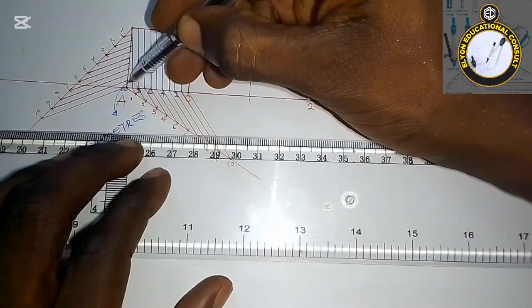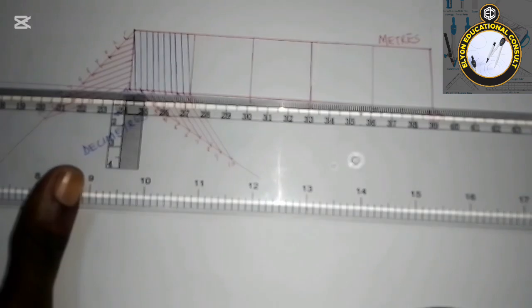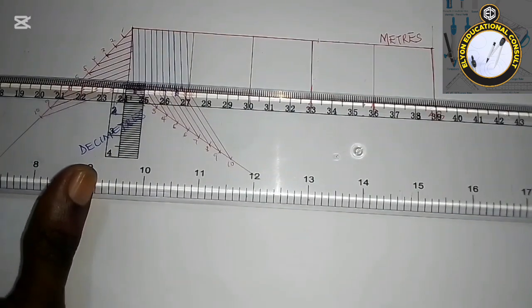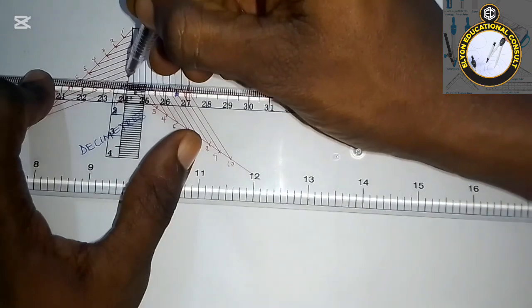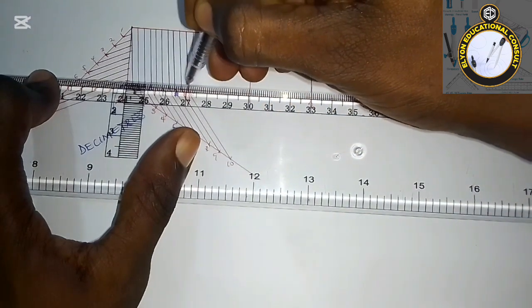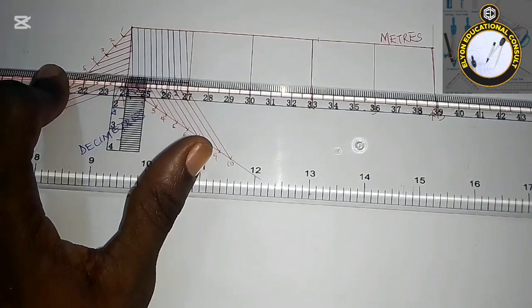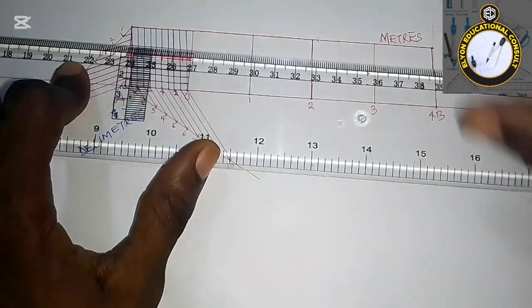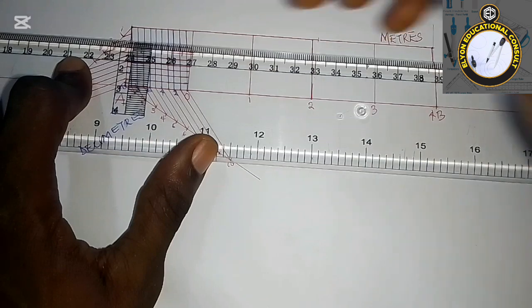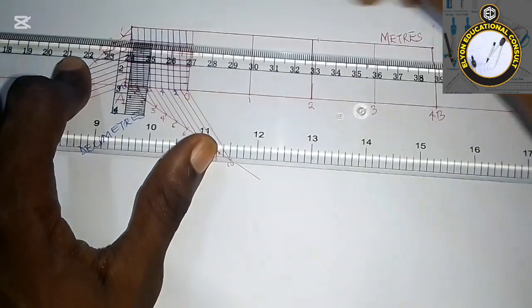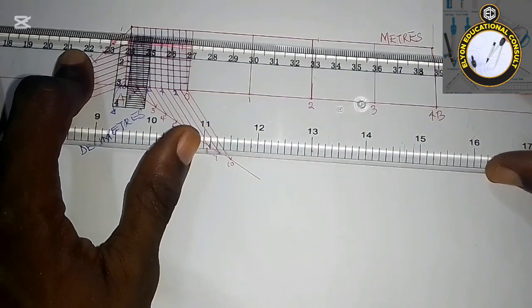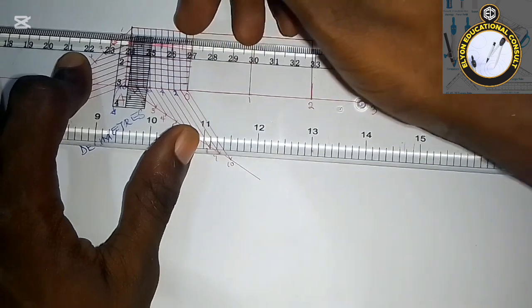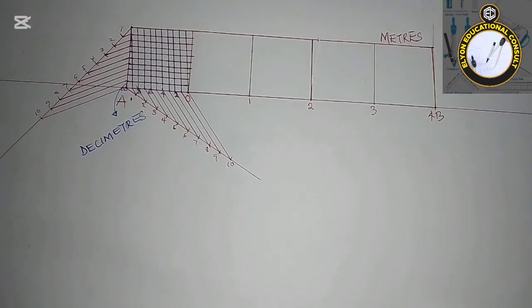From each of the points we draw across the inclined line, starting with this first one. So we draw this way. That is 1, that is 2, 8, 9, and the 10th part is there already. So we can see we are done with the scale.